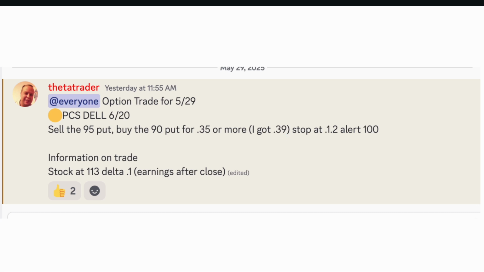Looking at Dell right now, it is up 0.6%. So it didn't have a dramatic up or down move after the earnings report, but the implied volatility dropped significantly, because if you normally did this trade without earnings, it wouldn't have dropped to 0.1 from 0.39 in one day.